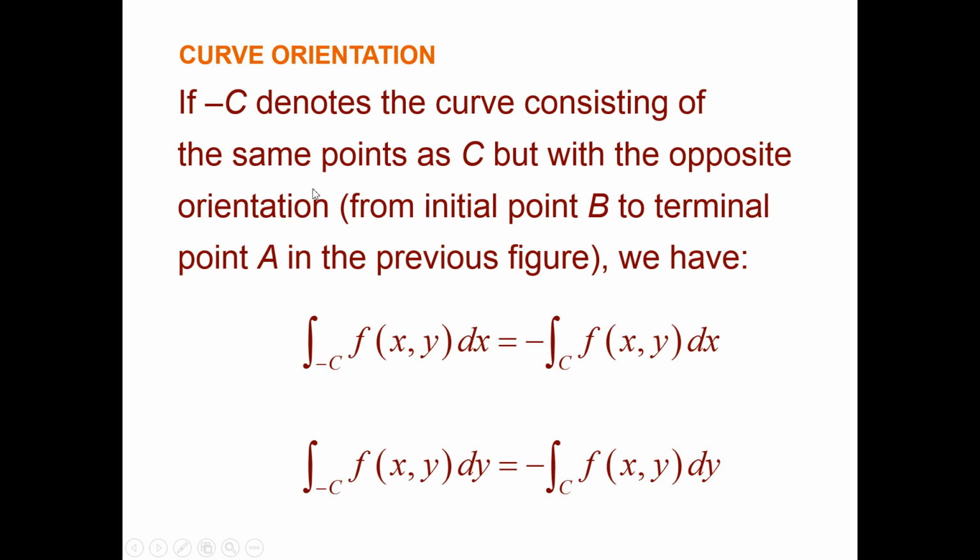Minus C denotes the curve consisting of the same points as C but with opposite orientation. This is similar to the concept of intervals you are already familiar with.